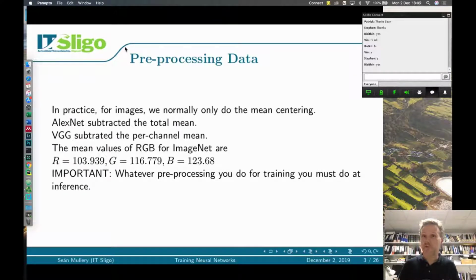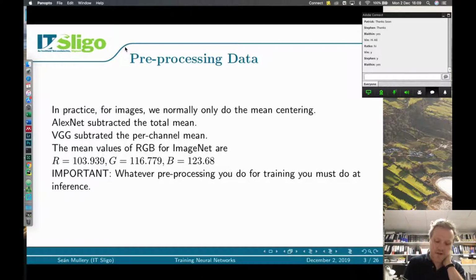So if we talk about pre-processing for convolutional neural networks, in practice for images, what we'd normally do is only the mean centering. There can be situations in which you could go beyond that, but generally just the mean centering will do the job, and that's what most of the systems that have won the ImageNet competition have done.